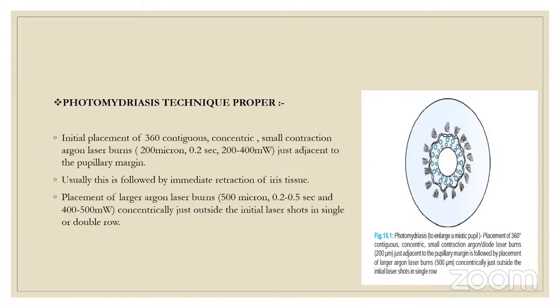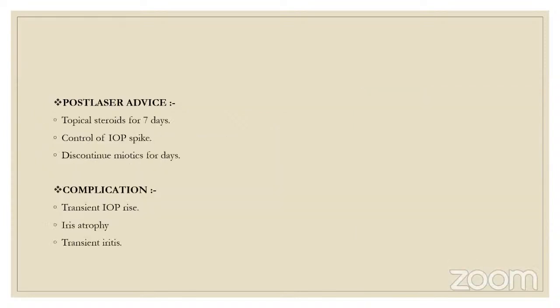After that, 500 micron, 0.2 to 0.5 second, and 400 to 500 milliwatt laser burns are placed just outside, in a single or double row. Post-laser advice is the same: topical steroid, control IOP, and discontinue myotic for a few days. Complications are transient IOP rise, iris atrophy, and transient iritis.